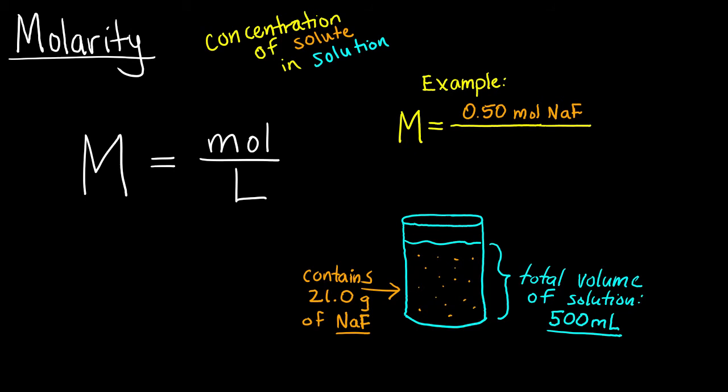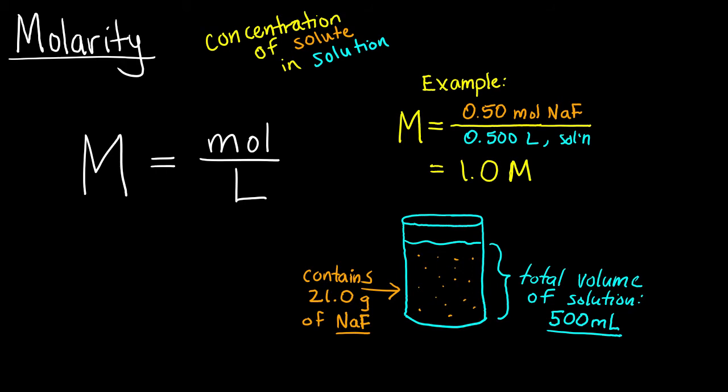Now the denominator needs to be the volume of the whole solution in liters. 500 milliliters, of course, is 0.500 liters, using SOL apostrophe N as an abbreviation for solution. As you can see, 0.50 divided by 0.500 means that our solution's concentration is 1 molar.